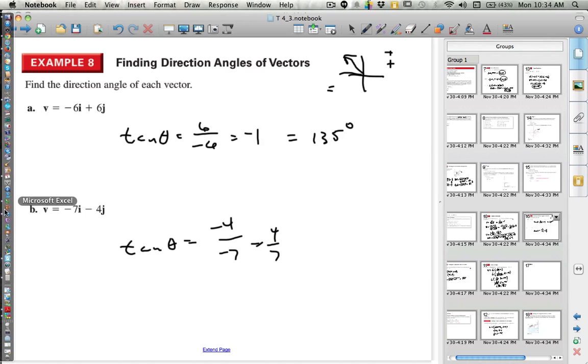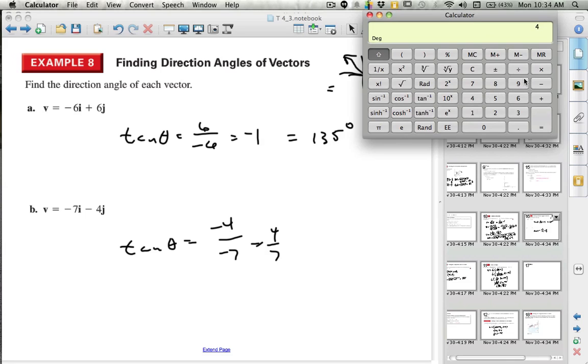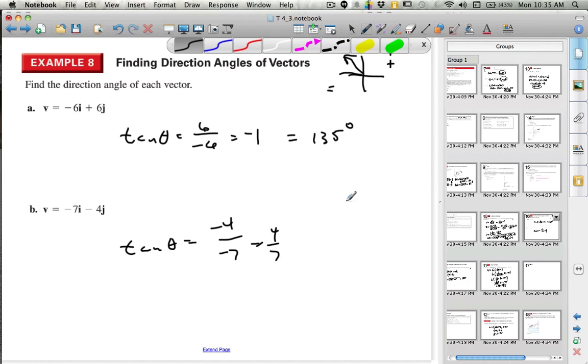If I go to my calculator, I don't see that as a standard angle. So if I do 4 divided by 7 equals, and then second tangent, I'm at 29.75 degrees.